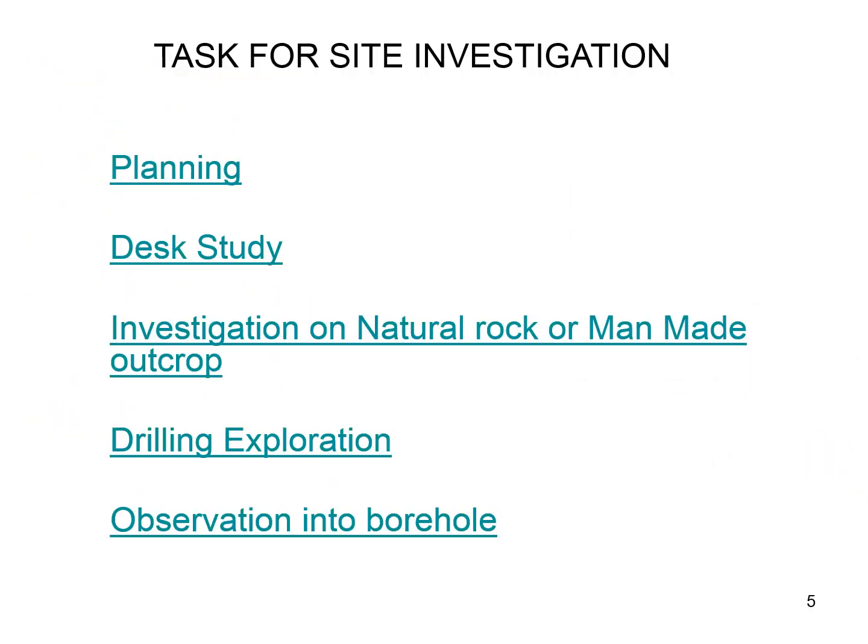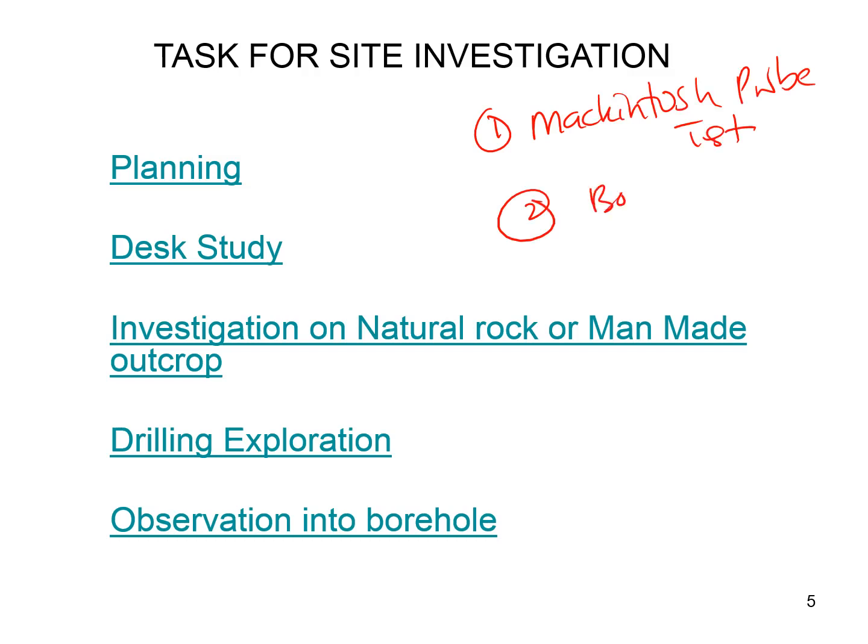Site investigation can be divided into two. The first is the Macintosh probe test, and the second is borehole sampling. Basically, the Macintosh probe test is for small projects, and this test is carried out to determine the bearing capacity, which is to determine the strength of soil.